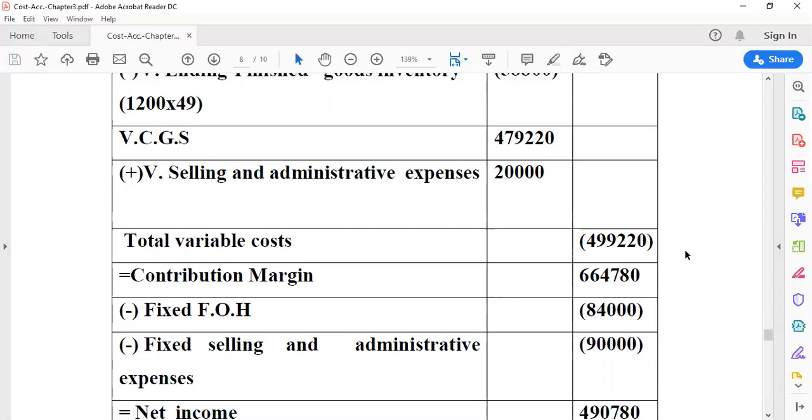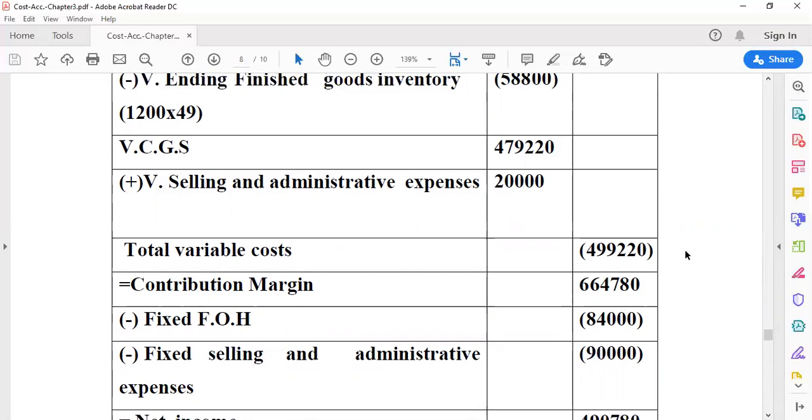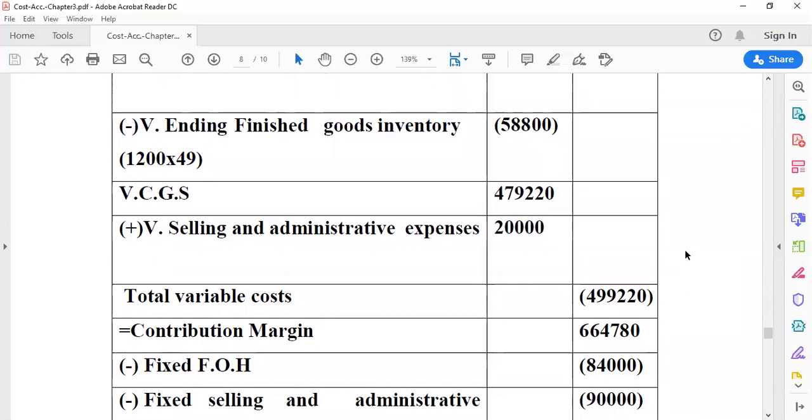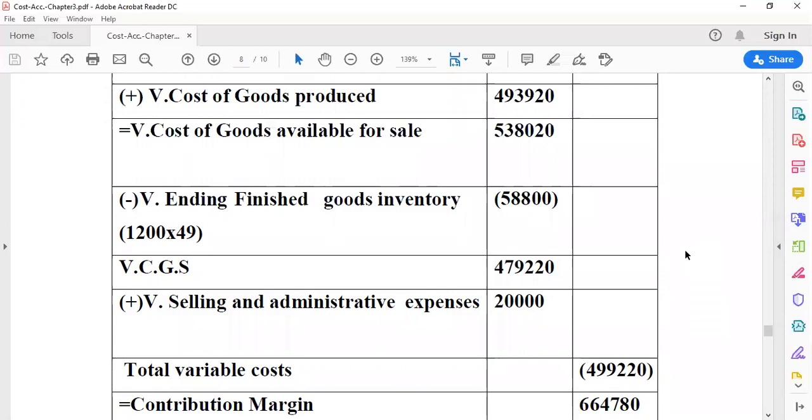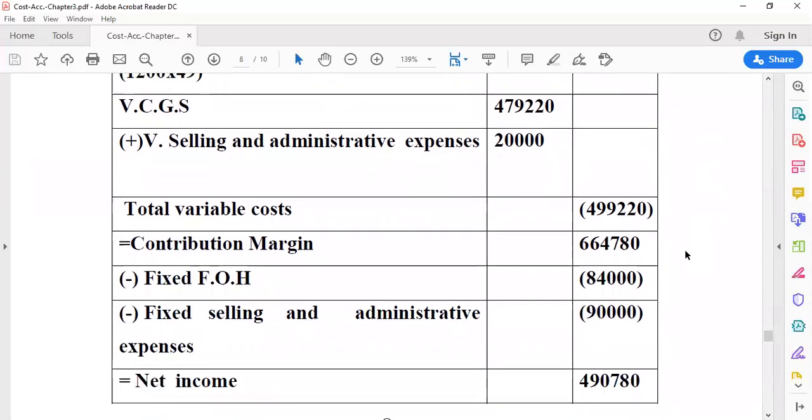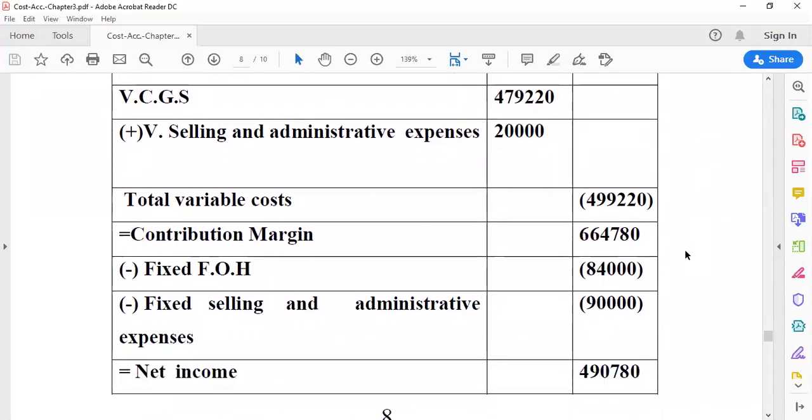After adding the variable selling and administrative expenses to the variable cost of goods sold, I will get the total variable costs, and this is my aim according to this theory, because it will help me subtract the total variable costs from my sales to get my contribution margin. Contribution margin, not gross profit like the full absorption theory.